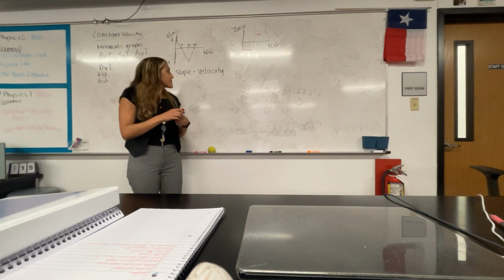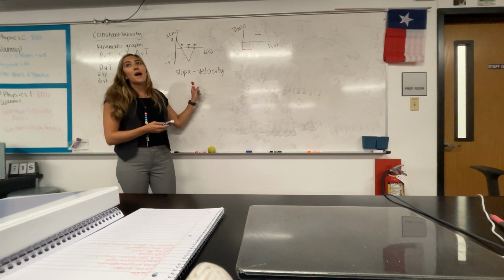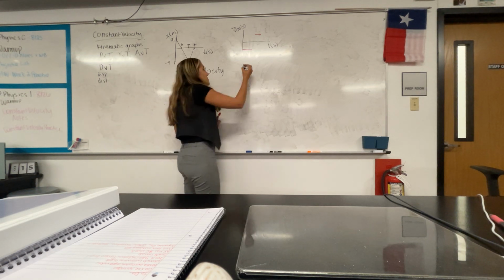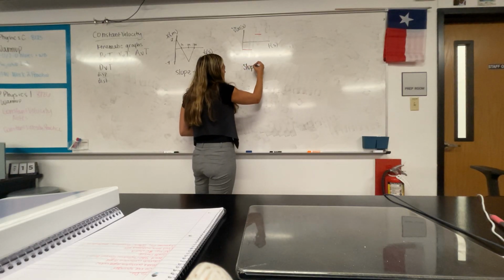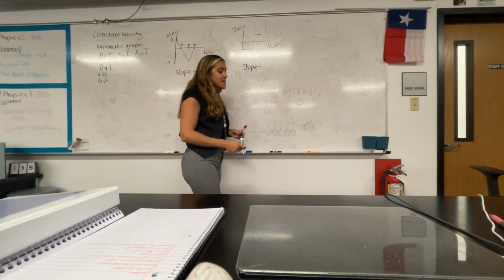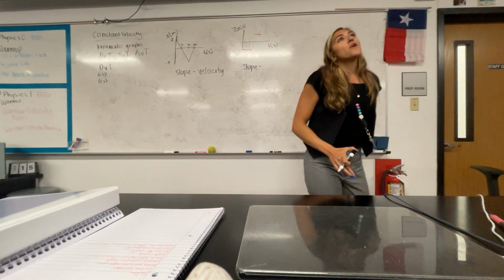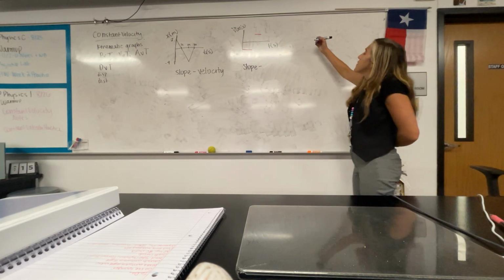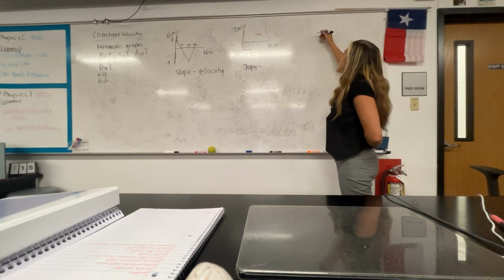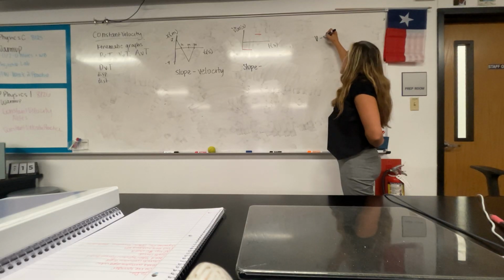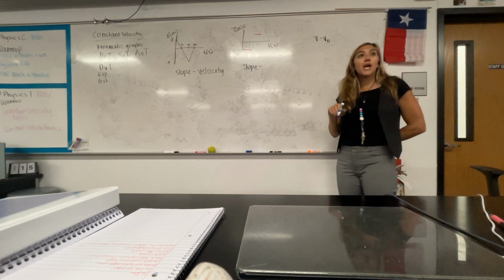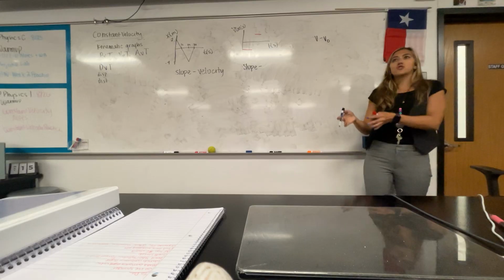Let's talk about acceleration. So the slope of a position time graph is velocity. The slope of a velocity time graph, let's think about that. So if I look at rise over run, the rise would be the change in velocity, v minus v naught. That's the change in velocity, final minus initial.